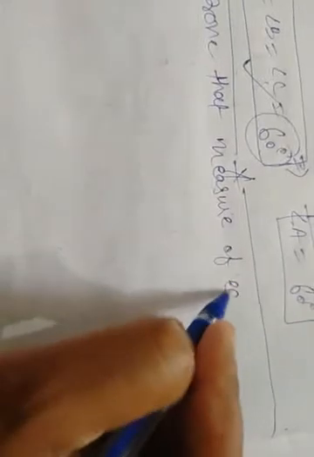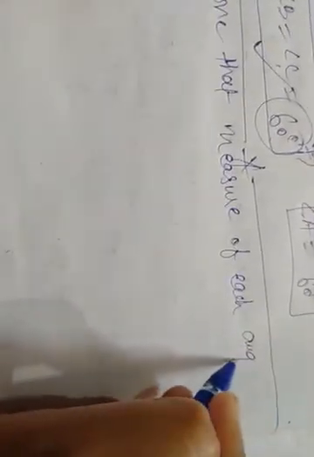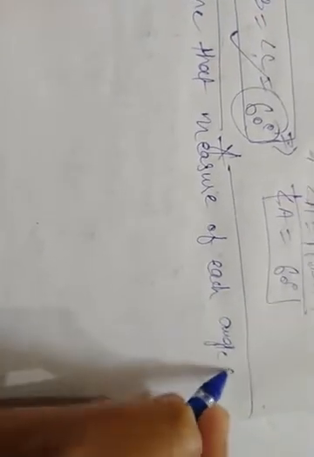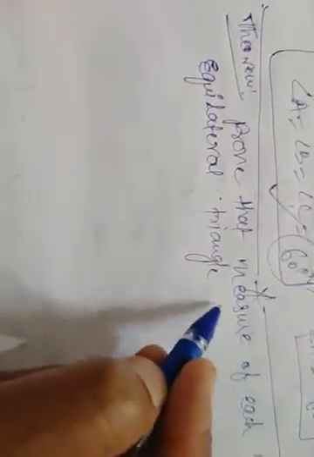Prove that the measure of each angle of an equilateral triangle is 60 degrees.